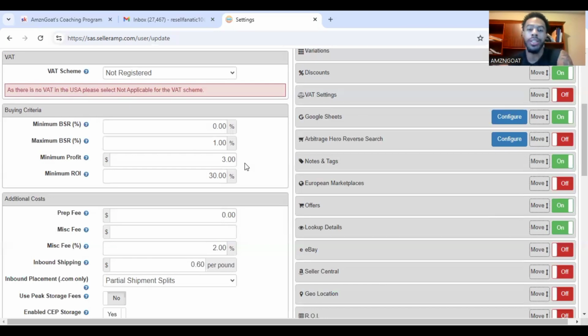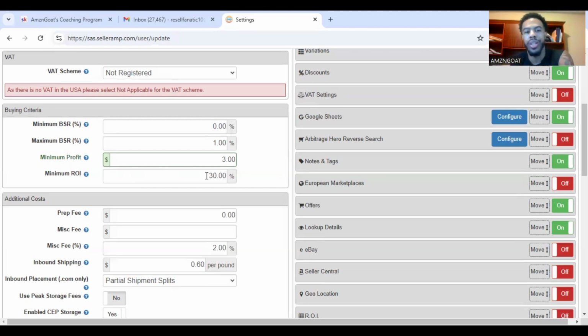But of course, there are products out there that might make me $2.75, but sell so fast throughout the month that it makes sense. So, although in Seller Amp it might light up red since it's not at least $3 profit, it could still be a good product to sell. Same way with the minimum ROI. These are sort of thresholds that are going to be used depending on what it is that you're looking for in your business.